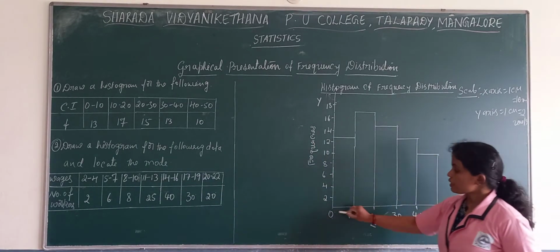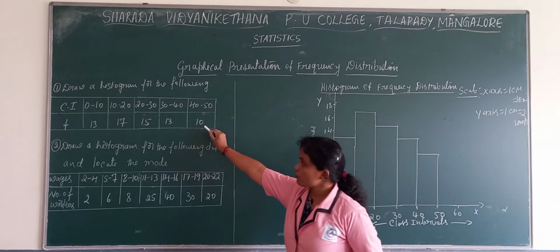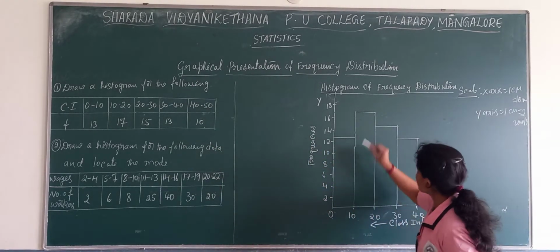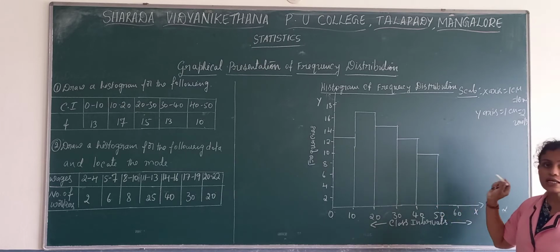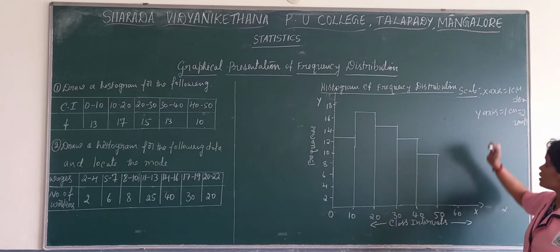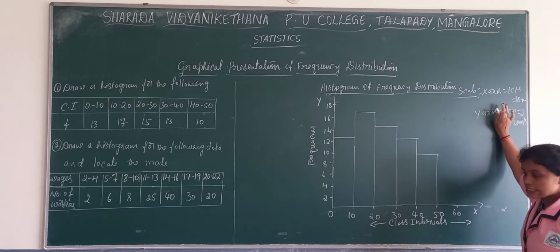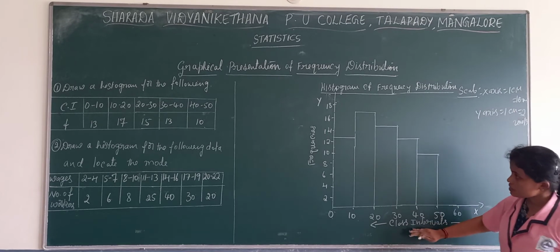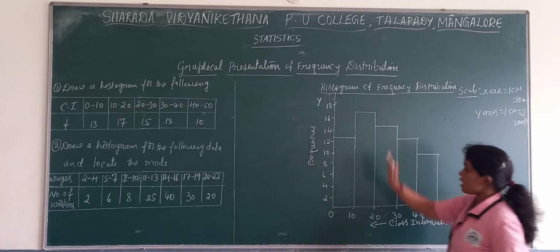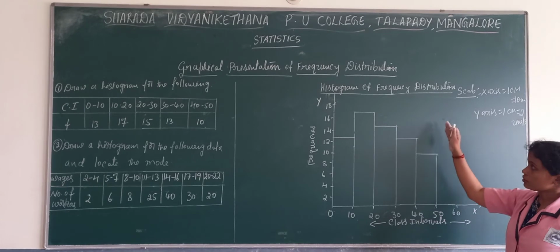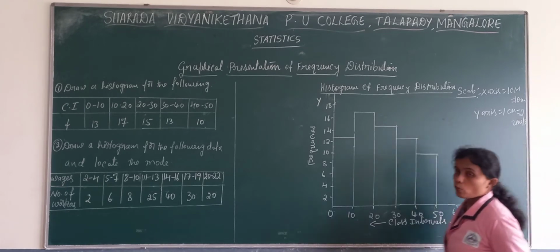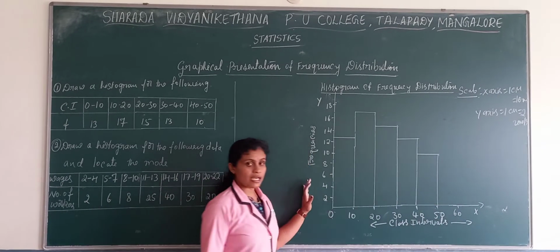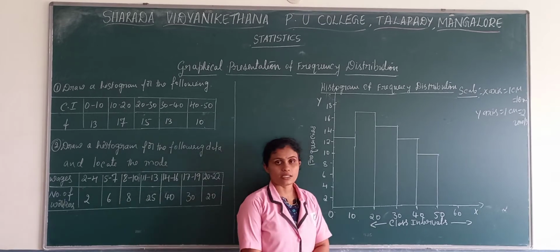Here are the class intervals, then see the frequency. According to that you have to mark rectangular, adjacent bars. Don't forget to write the scale here, and here class intervals, frequencies and the graph heading. 1 centimeter this side, and here also 1 centimeter.